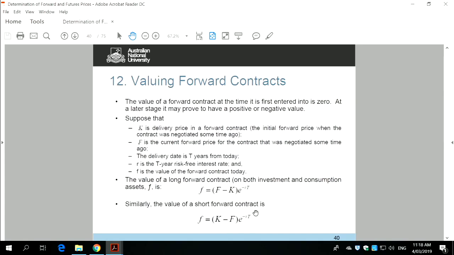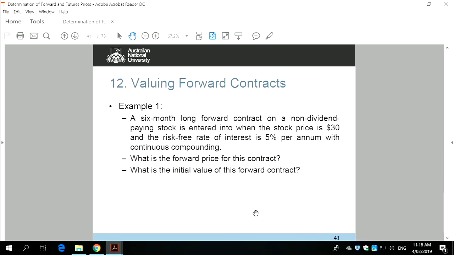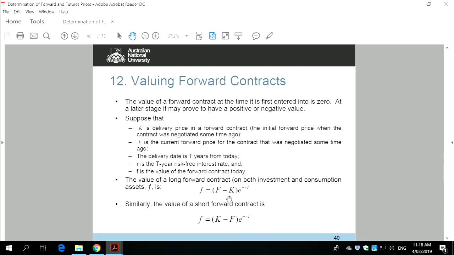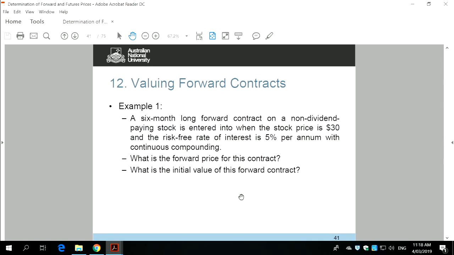So why do we value a forward contract? Instead of me talking about this dry formula here, perhaps let's go through this numerical example. Once you go through this numerical example, you'll be clear what I mean by valuing a forward. Okay, so read this question.